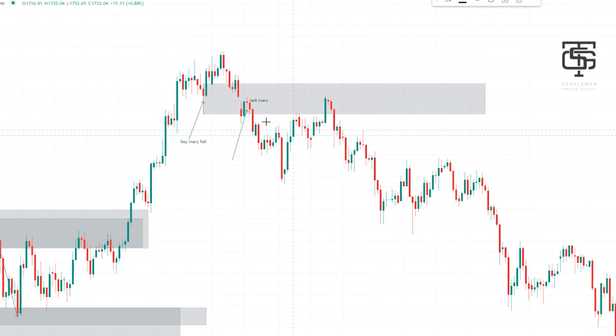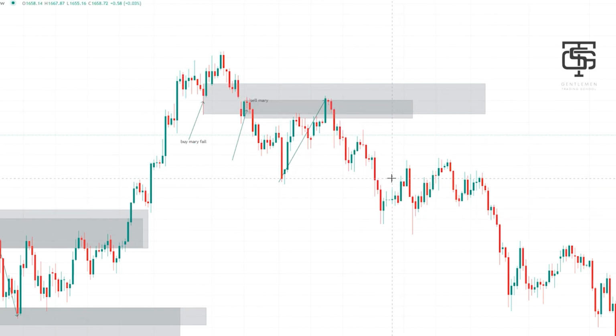In this case, we have identified this as our Sell Marry. What do you see? As soon as price retraced back into our zone, into our Buy Marry Fail and Sell Marry, price immediately retraced all the way down, and we have gotten at least 1,000 pips from this.